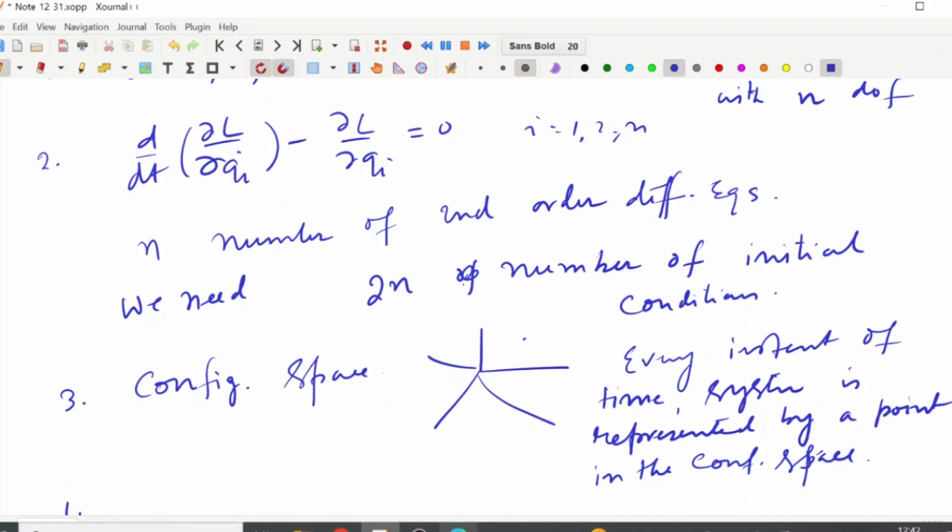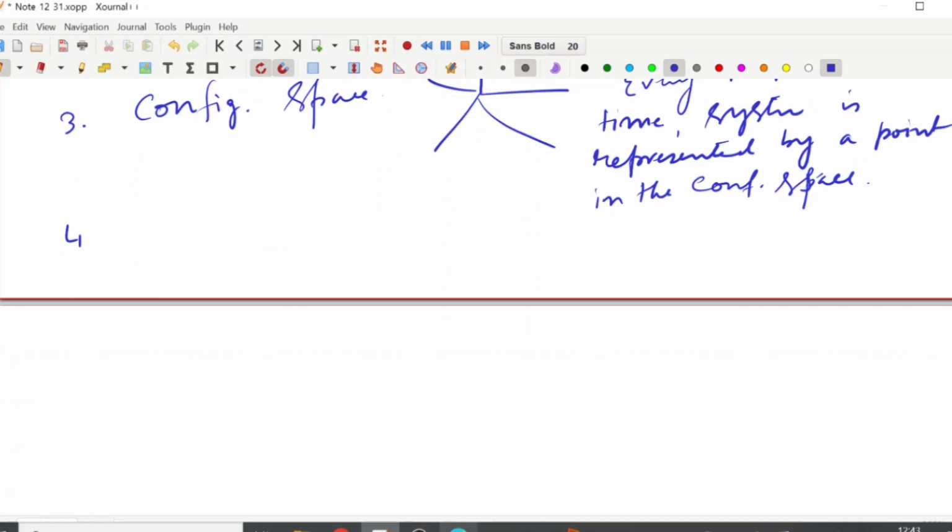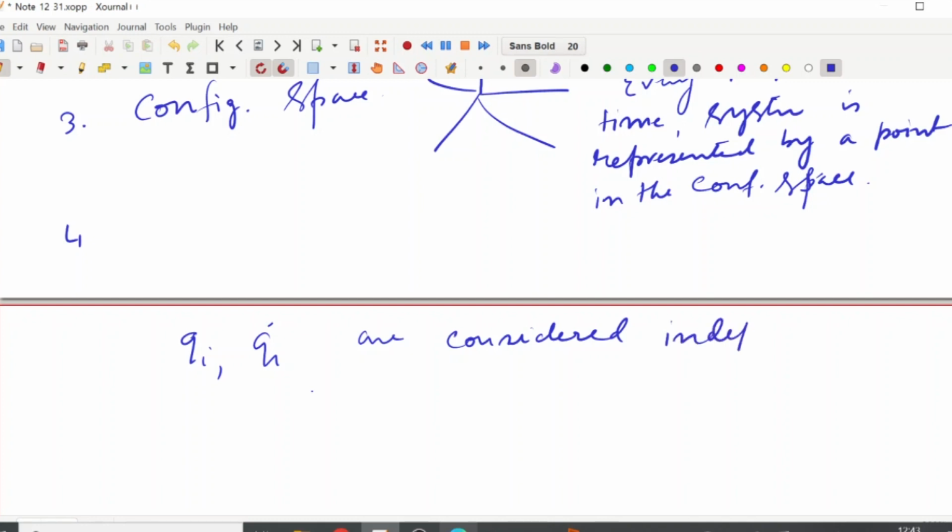The other point I want to emphasize is that q_i and q_i dot are considered independent while calculating the partial differentiation.